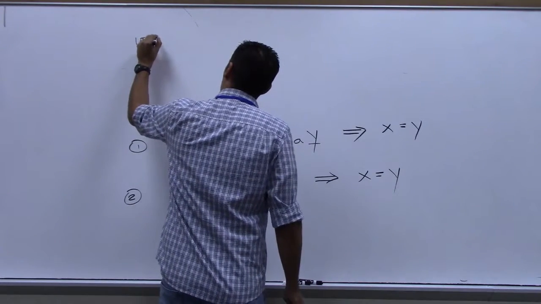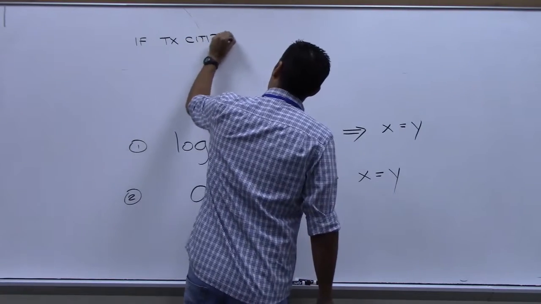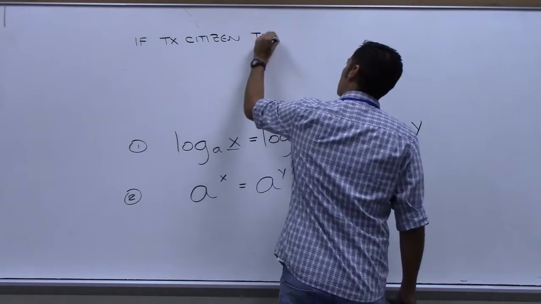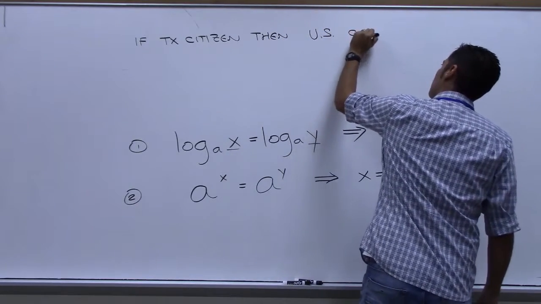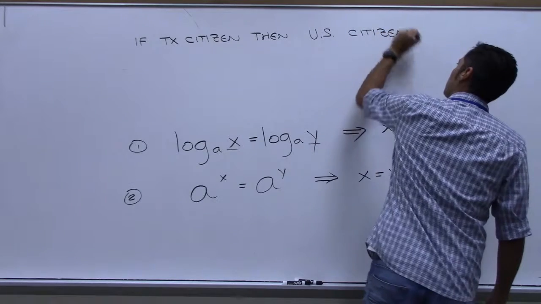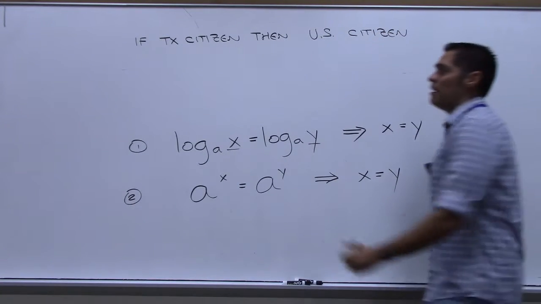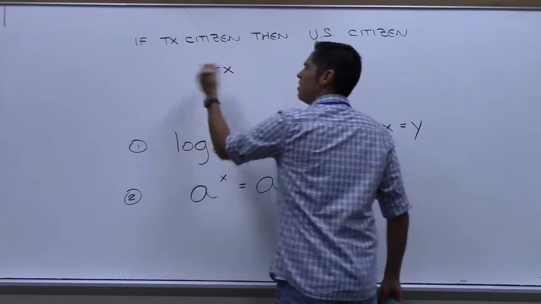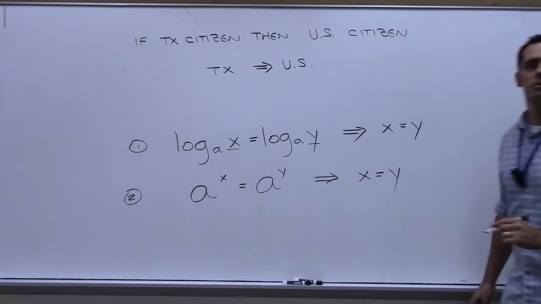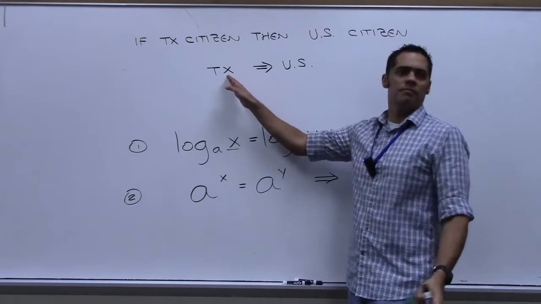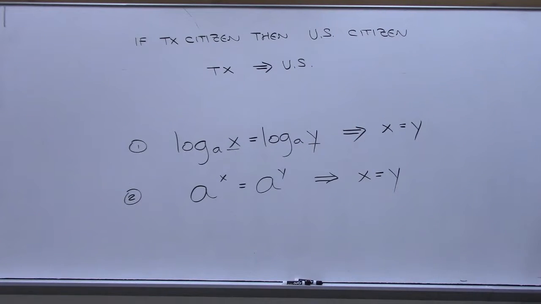If you're a Texas citizen, then you're a U.S. citizen. Is that, you agree? Yes? Another way of writing that would be to write Texas citizen implies U.S. citizen. So if you're from Texas legally, then you are legally a U.S. citizen, right? That's what that means.